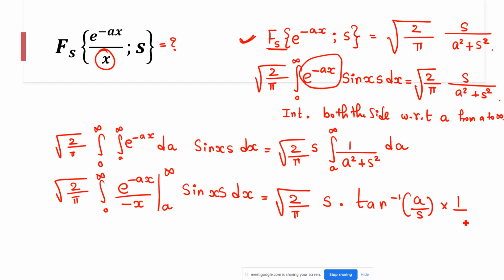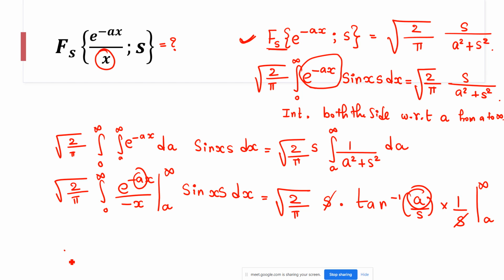So this s gets cancelled, and we have to substitute the limit once a and once infinity. If I substitute infinity, it becomes 0. If I substitute a, it stays as it is.